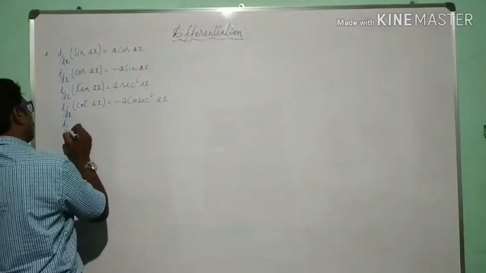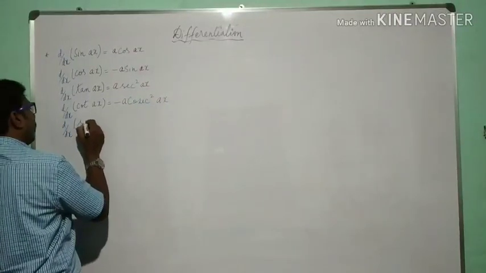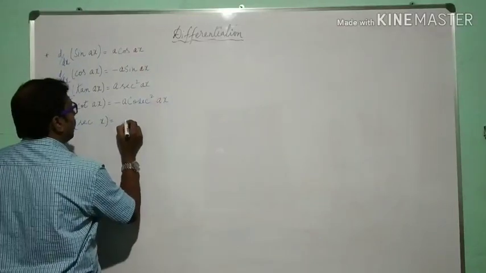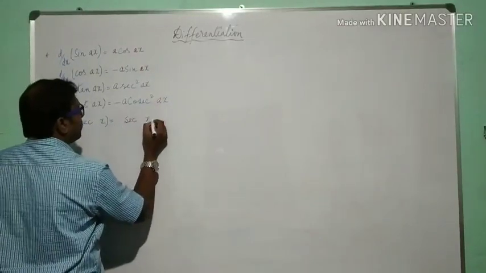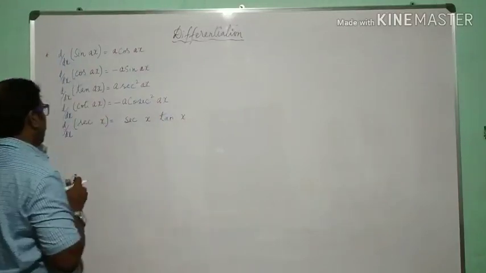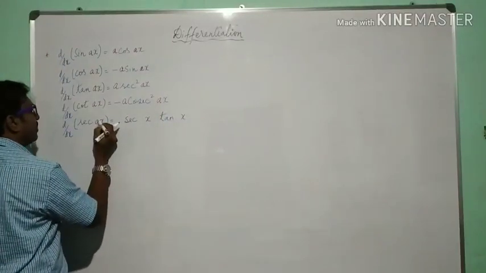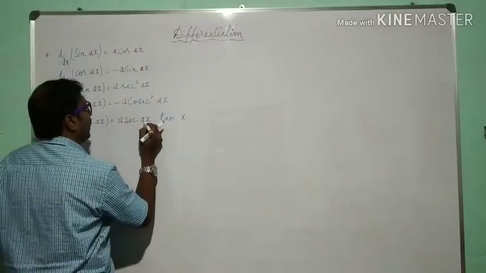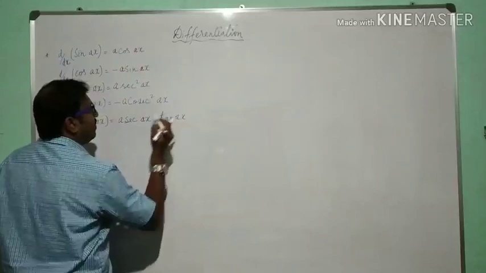Similarly, for the rest two, d by dx of secant x is secant x into tan x. When it is secant ax, its derivative is a secant ax tan ax.